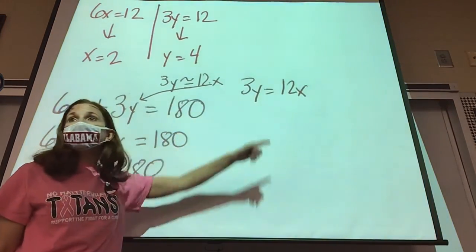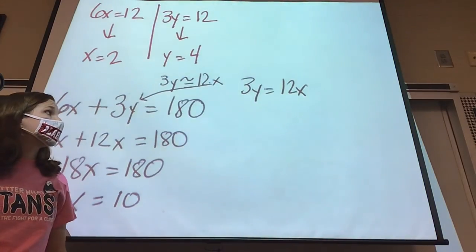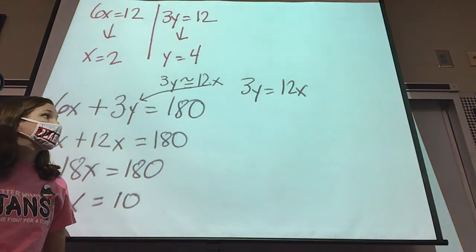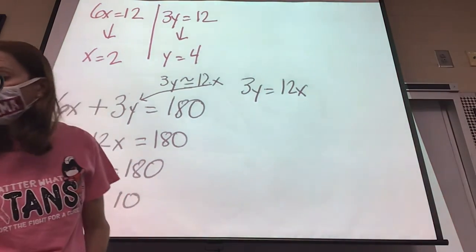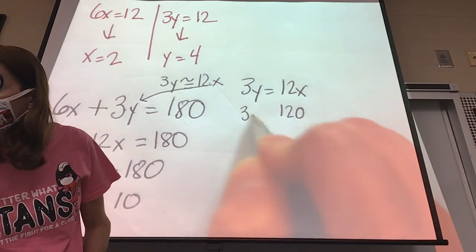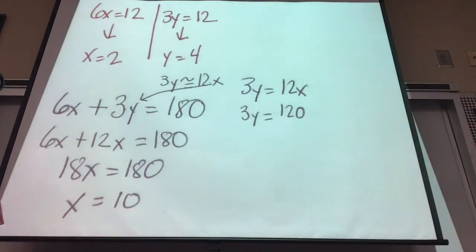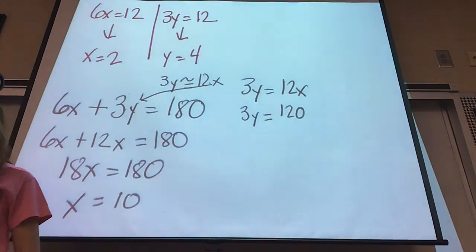If they are congruent, then they are equal, right? So if x is 10, then that's really 120. Can I not just solve that and find out what y equals?